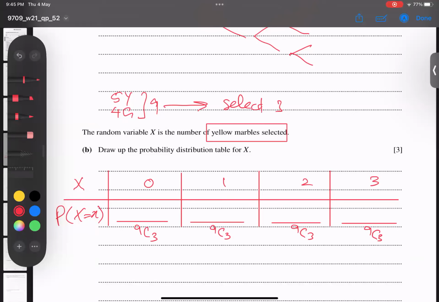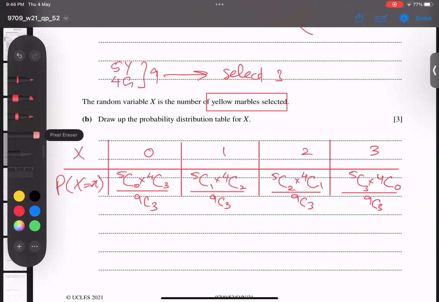Now 0 yellow means 5C0 times 4C3: 5 for yellow, 4 for green, so 0 yellow and all three green. Now 1 yellow coming here, so 1 yellow, 2 green. Now 2 yellow and 1 green, and all 3 yellow and 0 green. So I hope the concept is very, very clear.